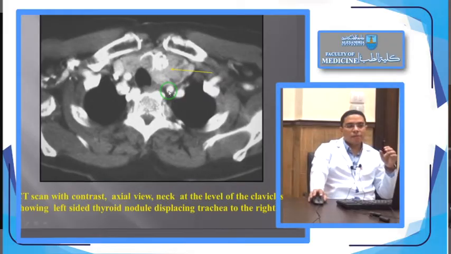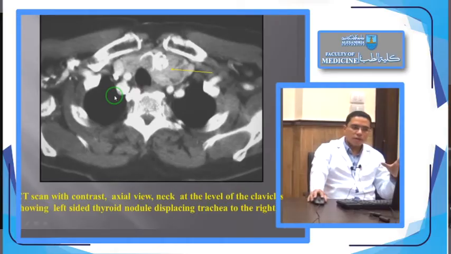So this is why the CT scan is not an important imaging in the thyroid gland. In the thyroid gland, the most important imaging is the ultrasound. We do CT in some cases of goiter, like malignancy, to see if there is any infiltration of the surrounding structures, to see the lymph nodes, okay, to see if there is any distant metastasis.